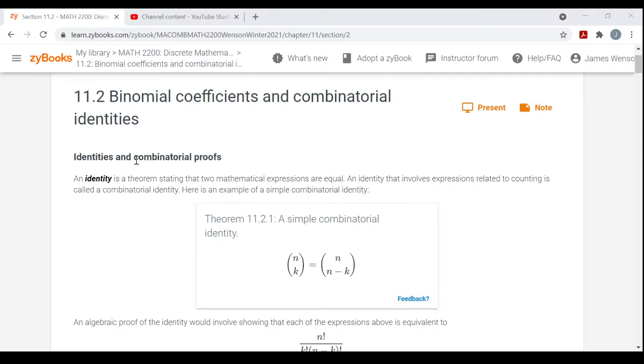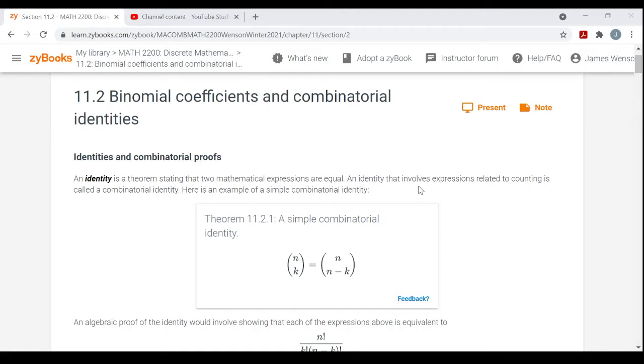Whenever you hear the word combinatorics or combinatorial, it just means you're counting. These past chapter 10 and so far in chapter 11 have all been about counting, combinatorics. So an identity is a theorem stating that two mathematical expressions are equal.